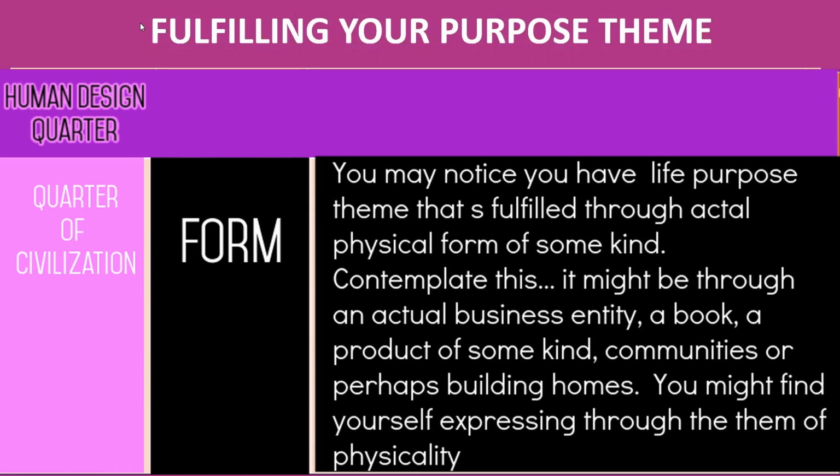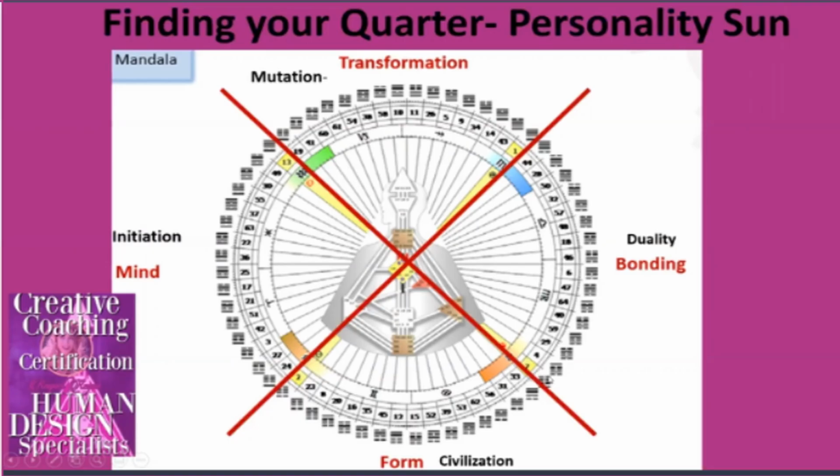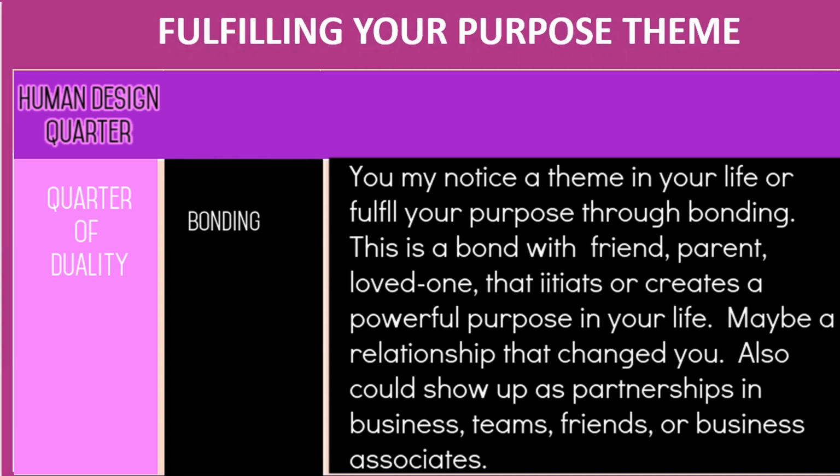So duality, which is the bonding, this is the theme of fulfilling your purpose through other people and bonding with them. Might be a partner or work with others, how you connect or co-create with teams, partnerships, groups, or people. It's interesting as we put all of these things together.